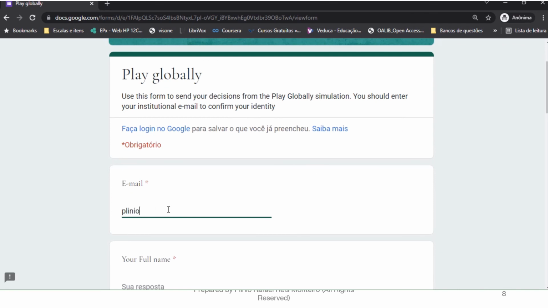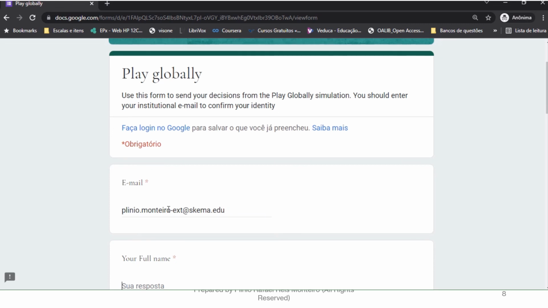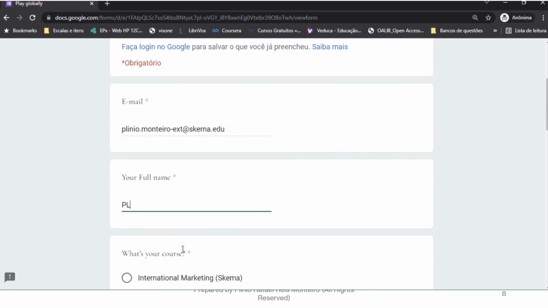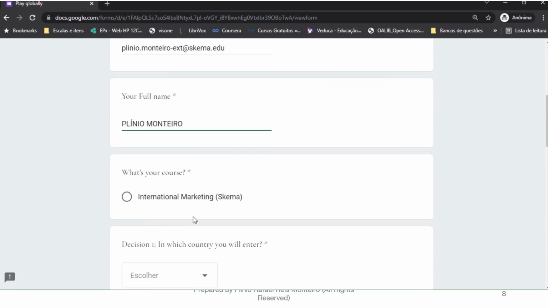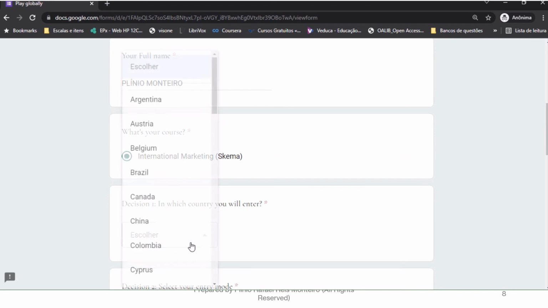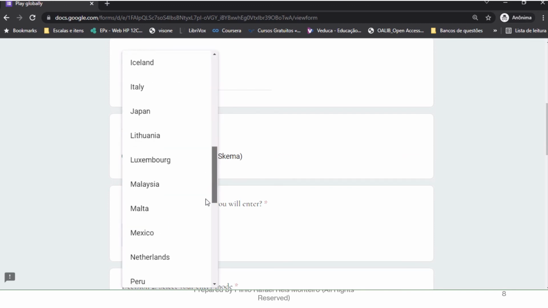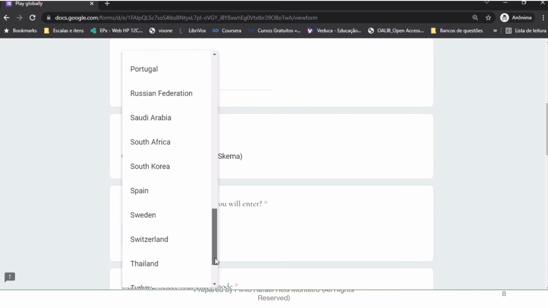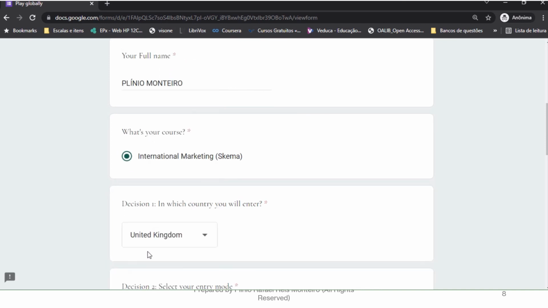For instance, I can use this email here, then I'll be able to receive a copy of my decisions as a receipt of my activity. And also you need to type your full name just to identify yourself, select your course, and then you enter your decision. In that case, I'm going to click here and select United Kingdom.